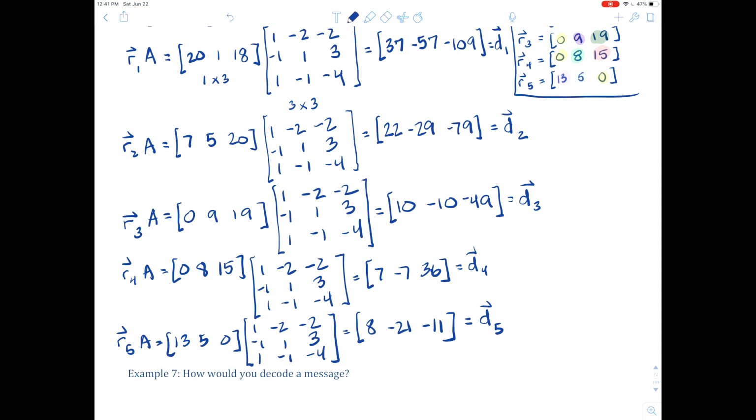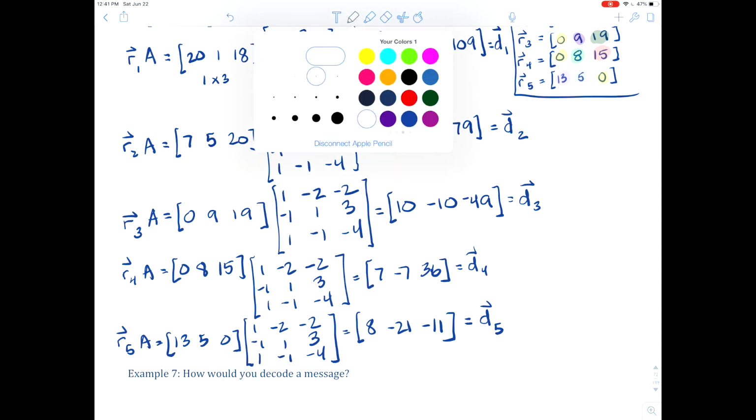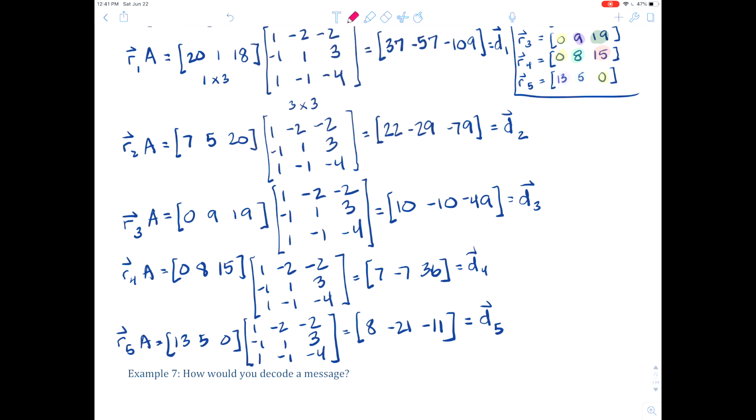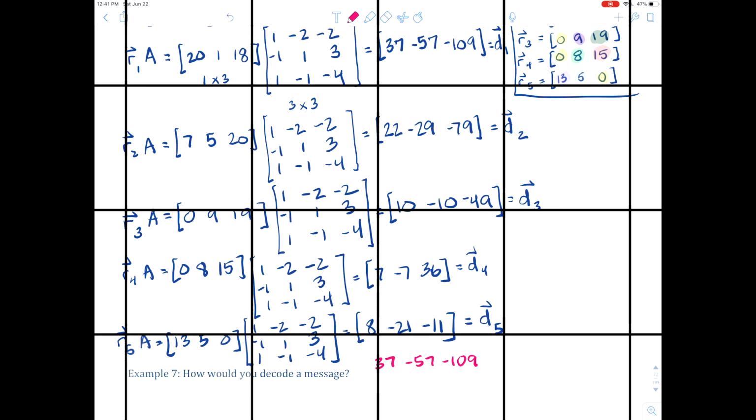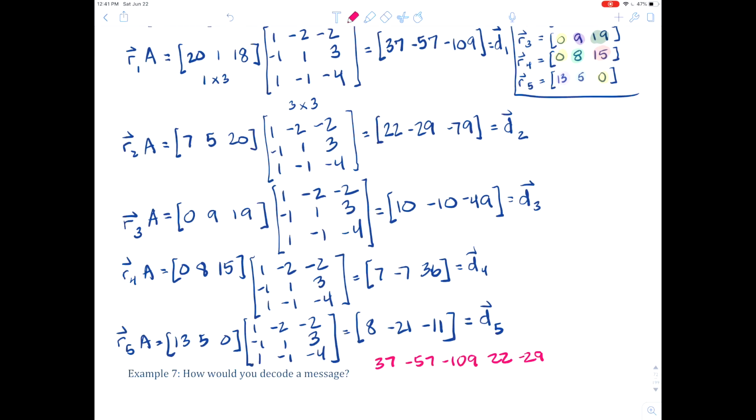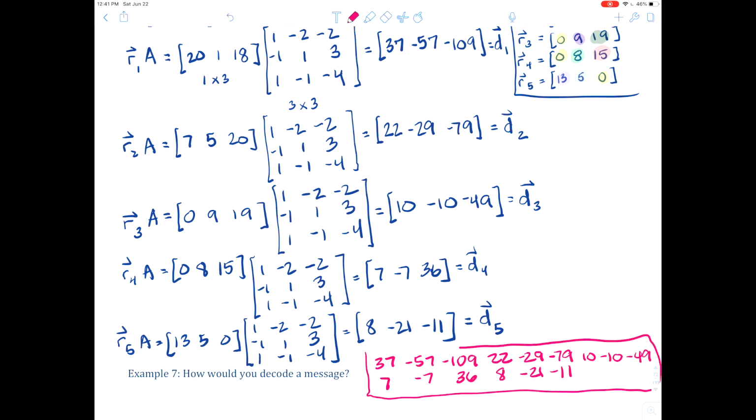So your end result might just be 37, negative 57, negative 109. And so you might just see a series of numbers like this.